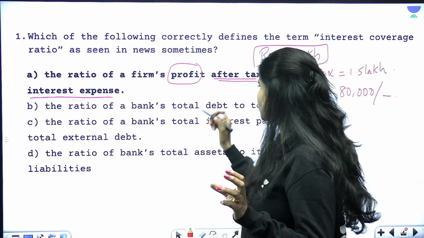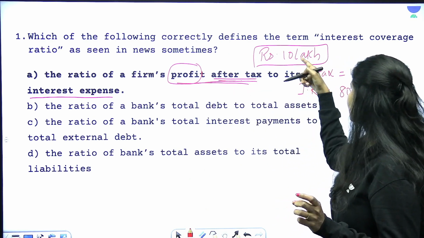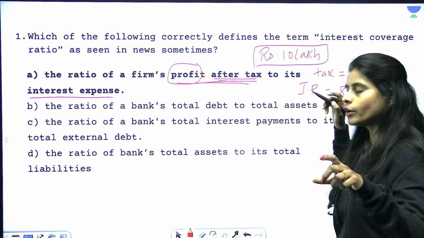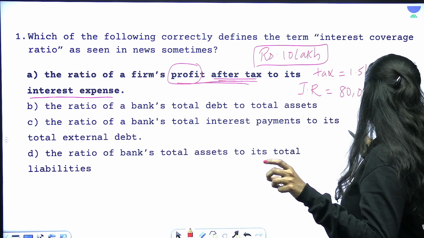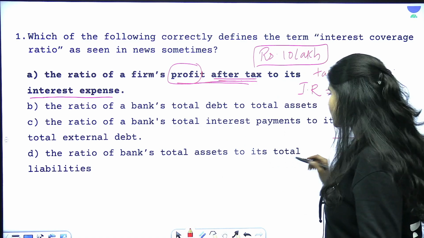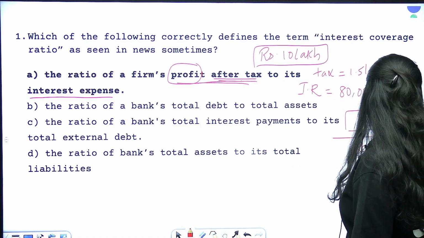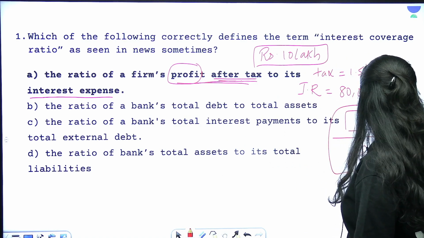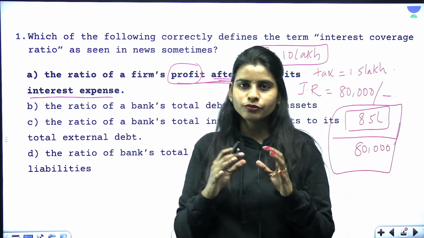Interest coverage ratio would be the profit after tax. So after deducting 1.5 from 10 lakhs, it is 8.5 lakh profit after tax to the what is the total amount of interest expense that you have? That is 80,000.